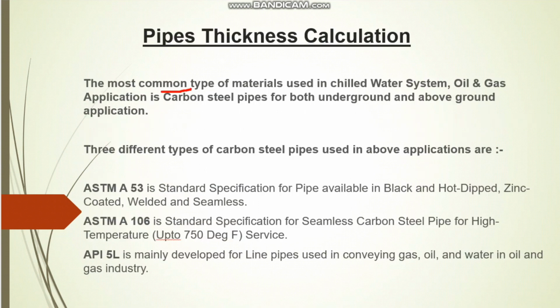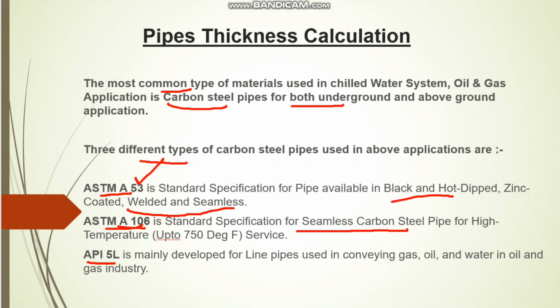The most common material used in chilled water systems and oil and gas applications is carbon steel pipe, for both underground and above ground applications. Three different types of carbon steel pipes used are ASTM A53, ASTM A106 and API 5L. ASTM A53 is for black steel and galvanized steel, and it comes in welded and seamless arrangements. ASTM A106 is the standard specification for seamless carbon steel pipe for high temperature services up to 750 Fahrenheit.